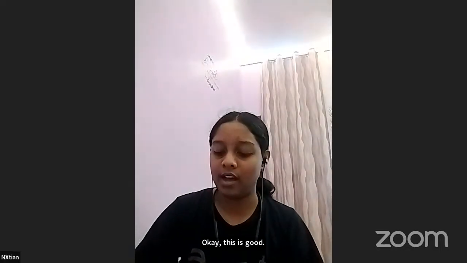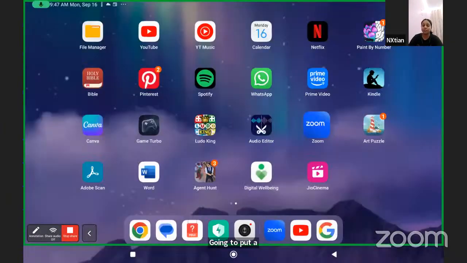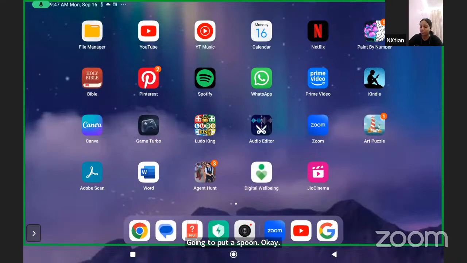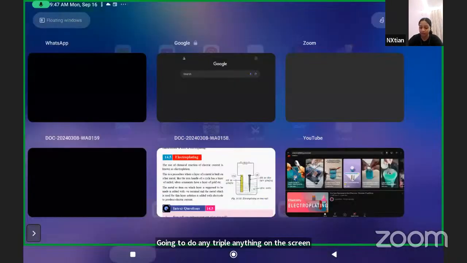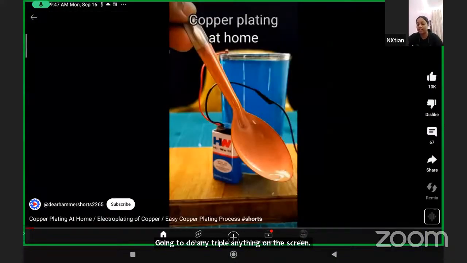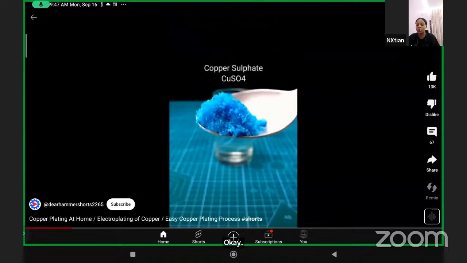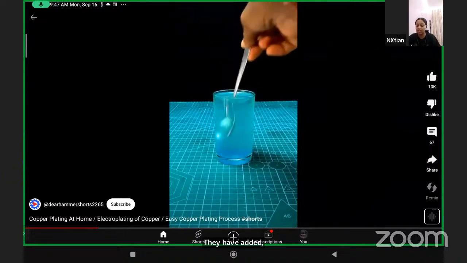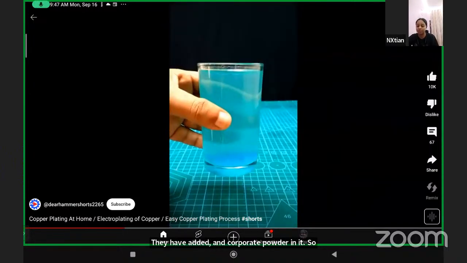Okay, this is good. So here they are going to do electroplating on a spoon at home. They have added water and copper sulfate powder in it, so we have copper sulfate solution.